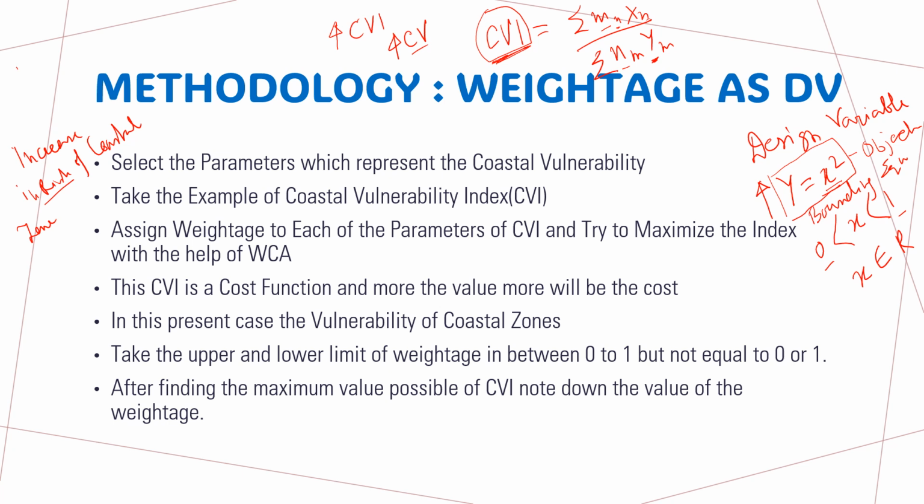Because as we all know, risk is directly proportional to vulnerability. Right? So this index is developed in such a way that the variables which are placed in the numerator increase the vulnerability. The variables which are placed in the denominator decrease the vulnerability.